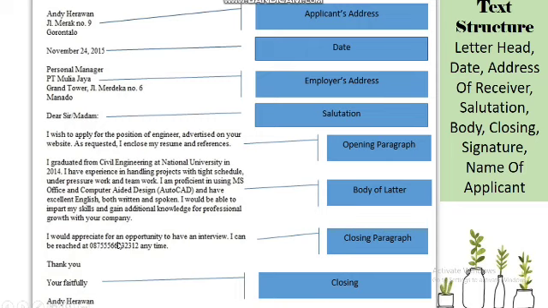Kalau kalian bisa menambahkan alamat email kalian ya atau sosial media yang gampang untuk dihubungi. Oke, kemudian di sini adalah closing. Thank you, yours faithfully, Andi Herawan ya. Ini tadi nama aplikan, ini dia Andi Herawan. Jangan lupa signature. Okay, I hope you understand about the application letter.